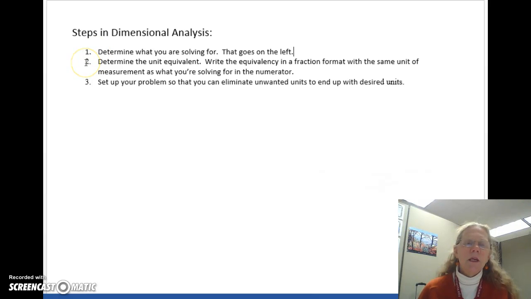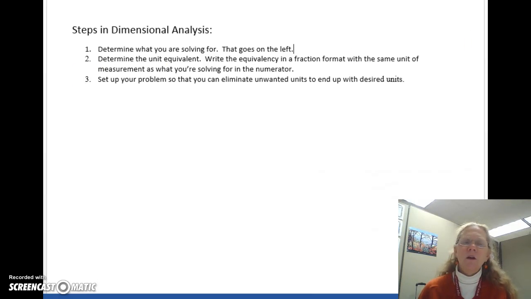The second step is to determine the unit equivalent and write the equivalency in a fraction format with the same unit of measurement as what you're solving for in the numerator. The third step is then to set up your problem so that you can eliminate the unwanted units and end up with what you are seeking, your desired units.